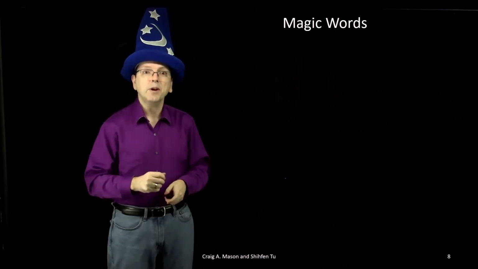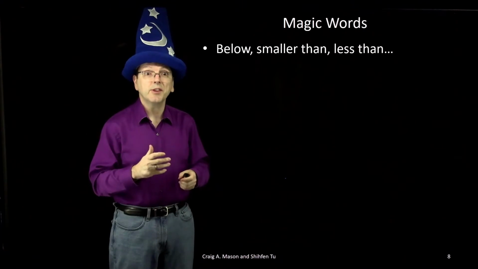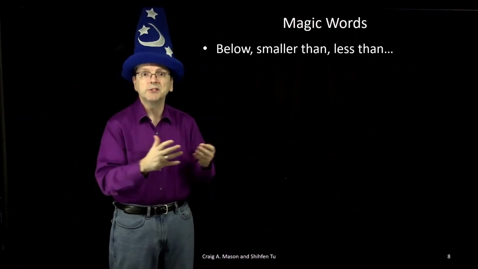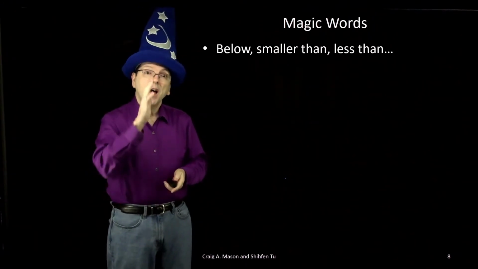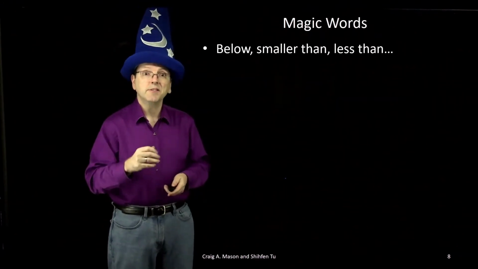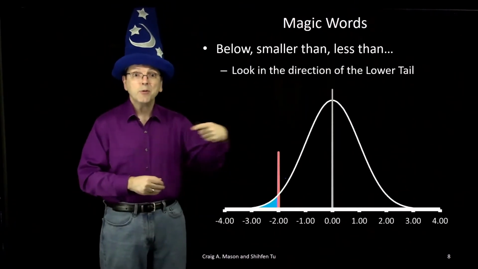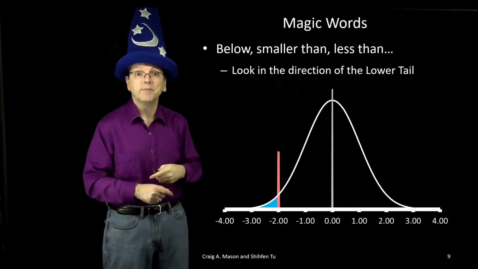On the other hand, what if a question asks about the proportion of people with a result that's below a given score or smaller than a given score or less than a given score? All of those questions involve focusing on the area from that score down to negative infinity in the lower tail.